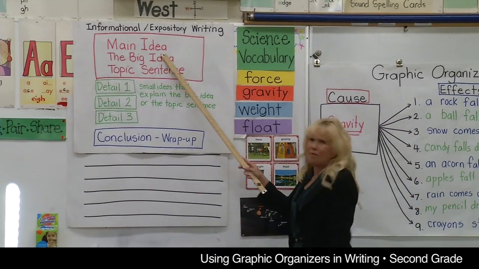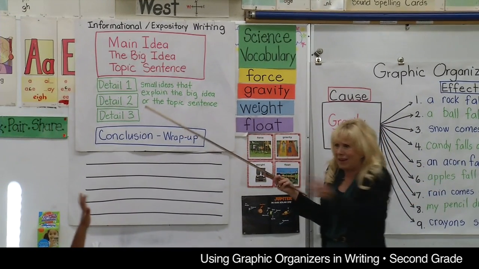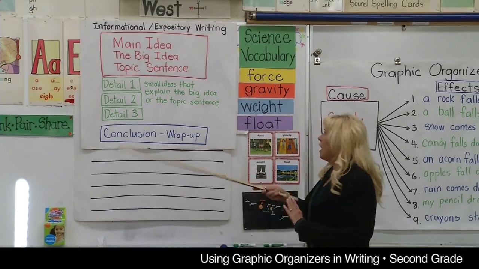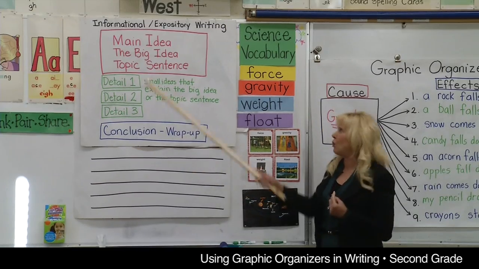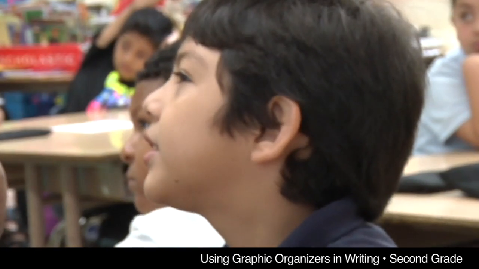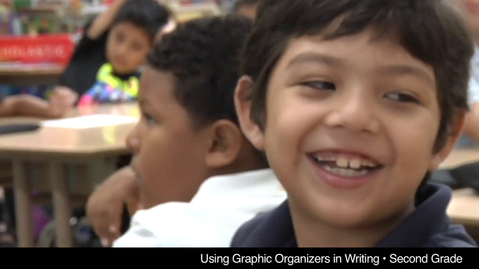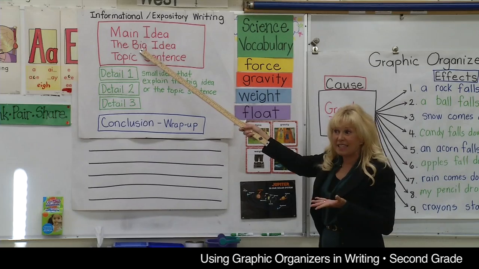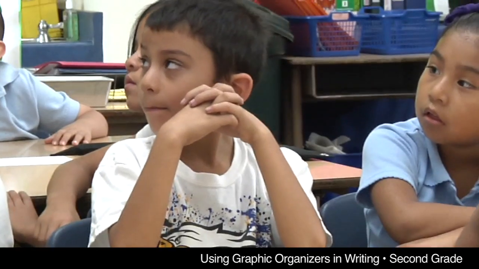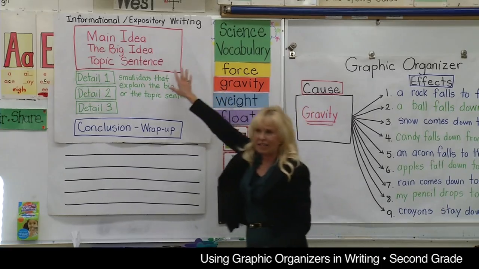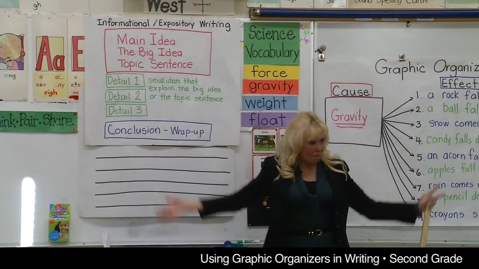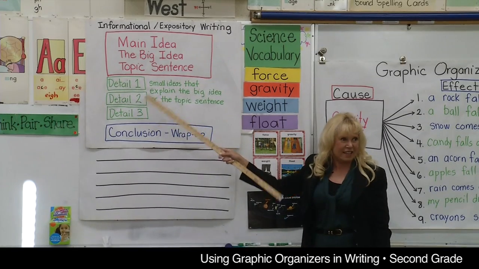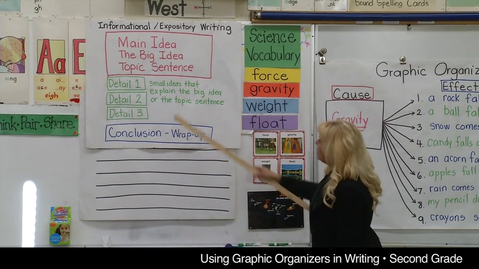But what does that mean, the main idea? What is that, the main idea? The big idea. The big or important idea. Now, when we go to writing, we take that main idea and we start with what is called a topic sentence. That's right. That's our first sentence, and that always has the big idea. Then after we have our topic sentence, then we need to have some details.